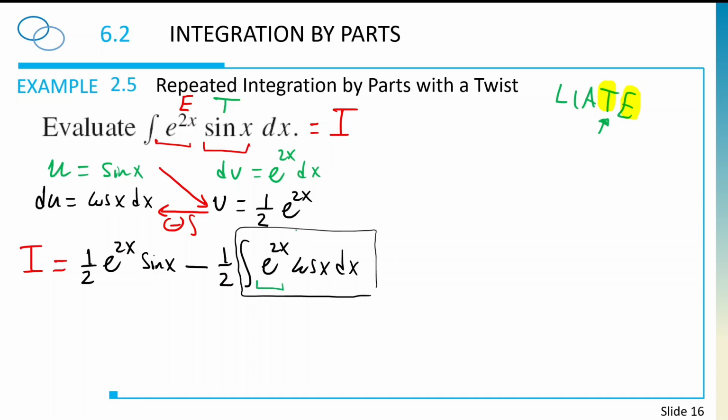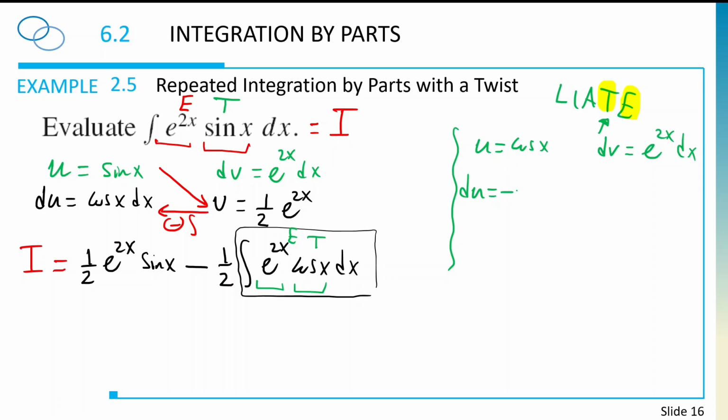So this is again e, this is t, t comes first, so I'll do the integration by parts here on the side. So u should be same as before, cosine of x, dv should be e to the power of 2x dx. The derivative of u is du, so this is equal to, the derivative of cosine is equal to what?